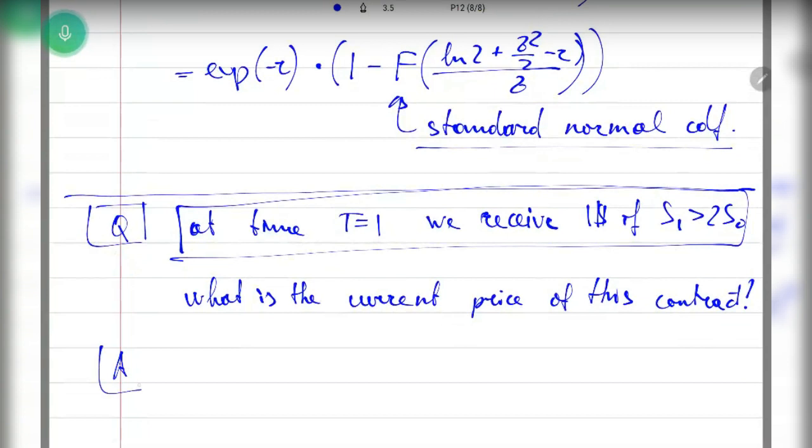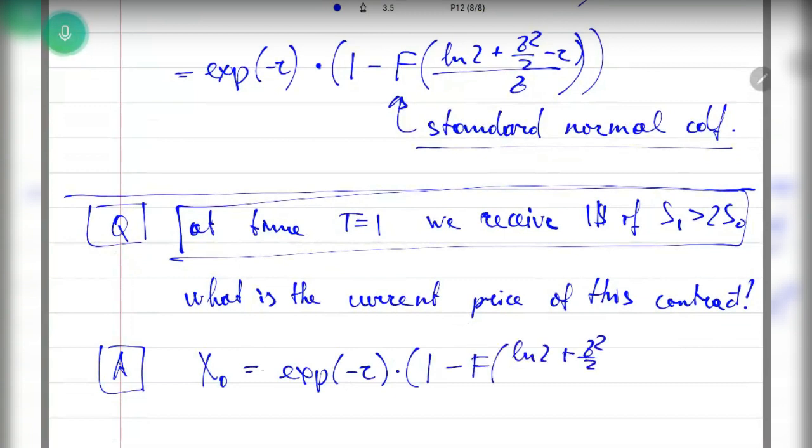And the answer: we should pay for this promise, if we believe the promise, obviously, exponent minus r times 1 minus F of logarithm 2 plus sigma squared over 2 minus r over sigma.